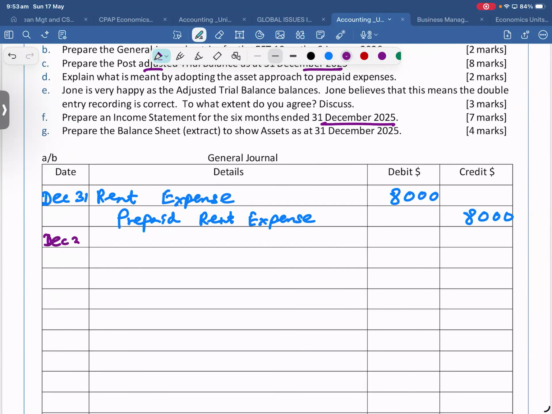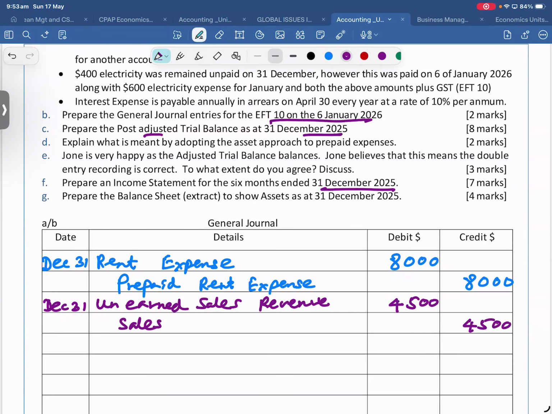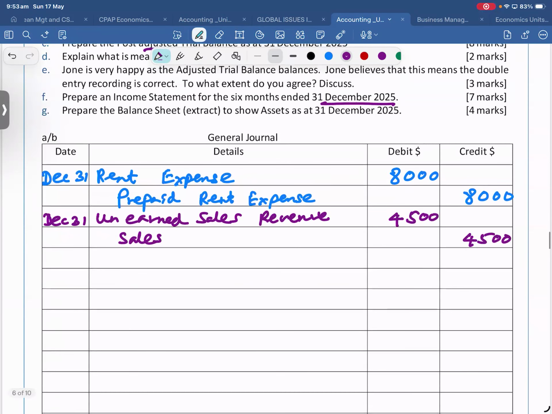Unearned sales revenue is 4,500, and sales 4,500. Then we need to deal with the inventory and cost of sales. Cost of sales is how much? 250. And then inventory.